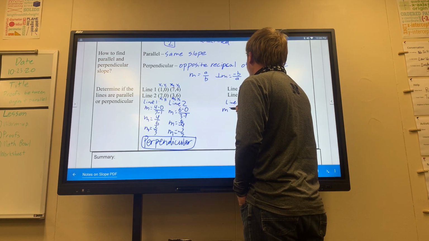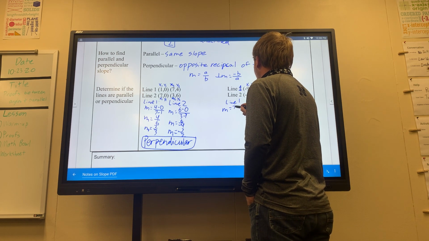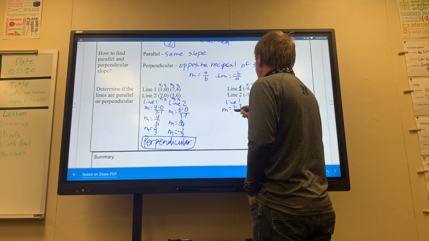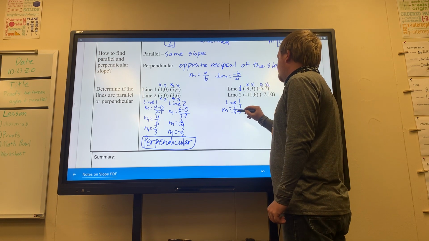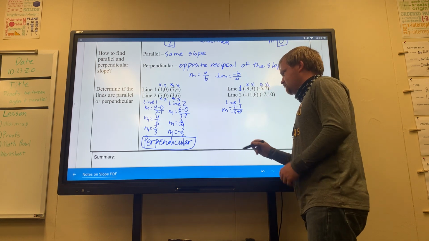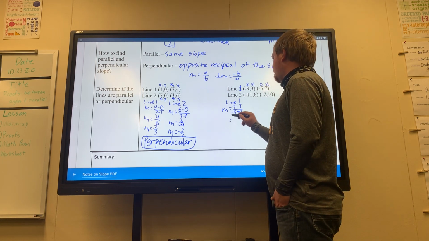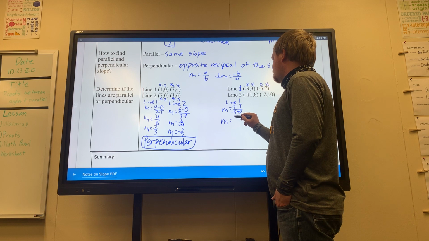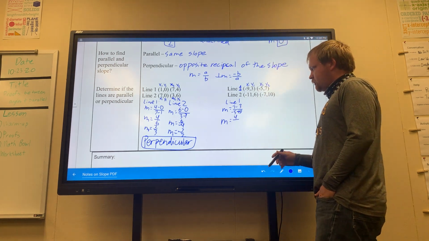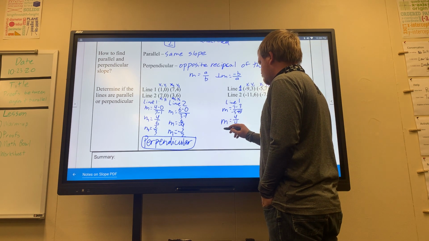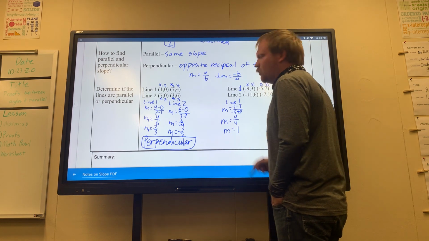So my slope for the first line is going to be 7 minus 3 over negative 5 minus negative 9. Well, I know that this becomes positive, so I'm going to have 7 minus 3, which is 4, and negative 5 plus 9, which is a positive 4. So my slope happens to be 1.